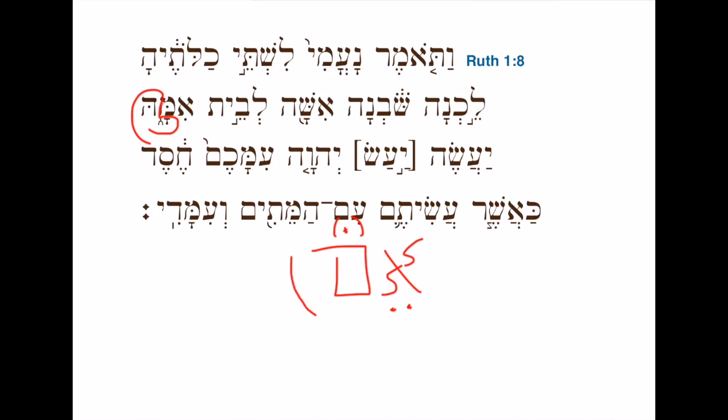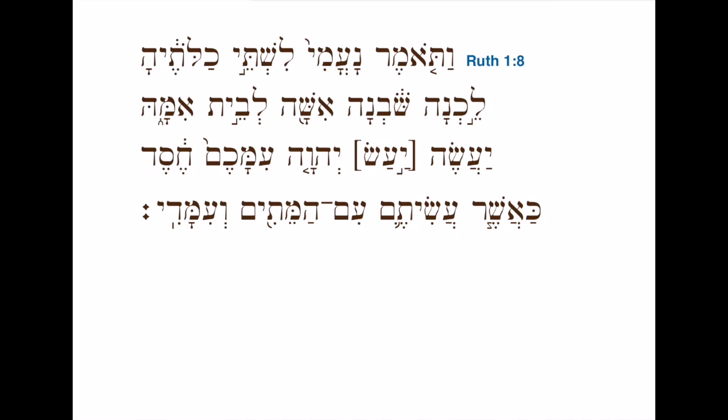So your vocabulary card, its absolute form, it's going to be em. But anytime you add a suffix to the end, that dagesh is going to become explicit, and then you get a hirik under the aleph.